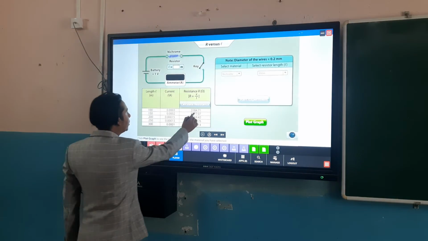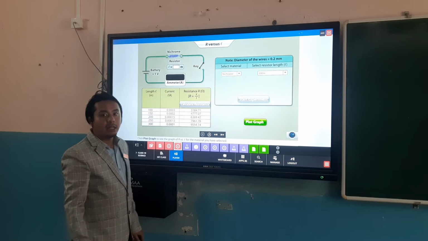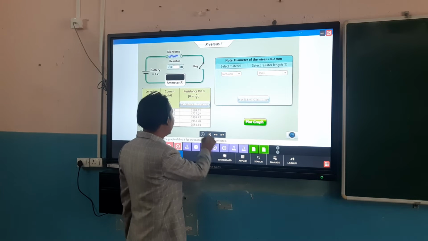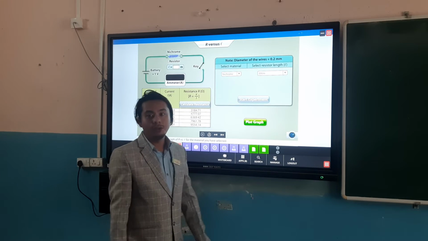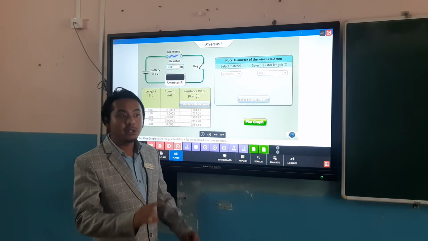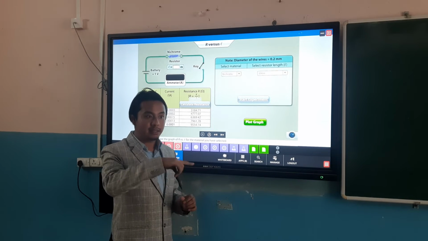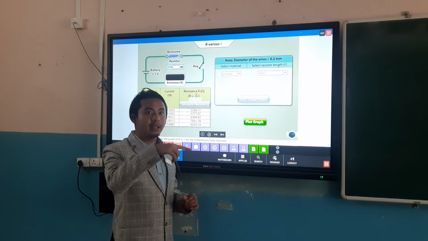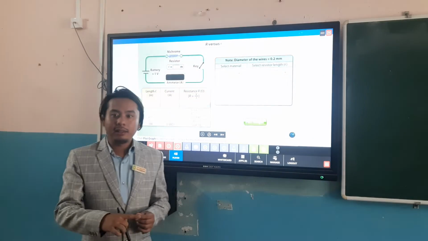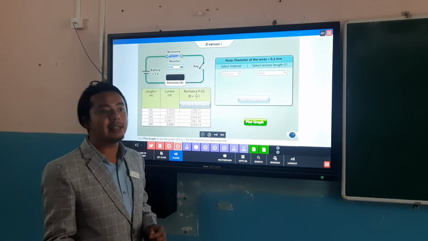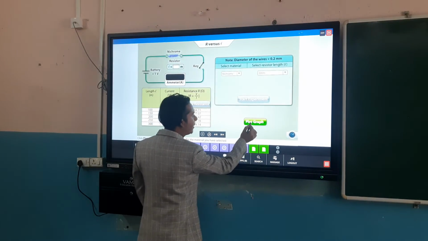But when you change the length of the wire to almost 300 meters, the resistance went up to 9554.14 ohm. So you can see the variation in resistance is very large. When you increase the length of any conductor, it is also increasing the resistance. Let's plot a graph and see.